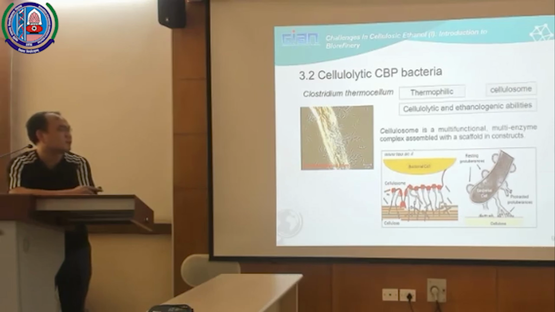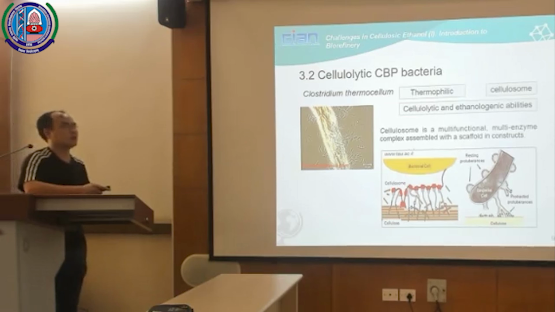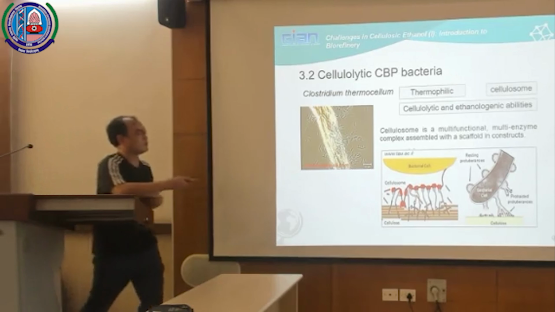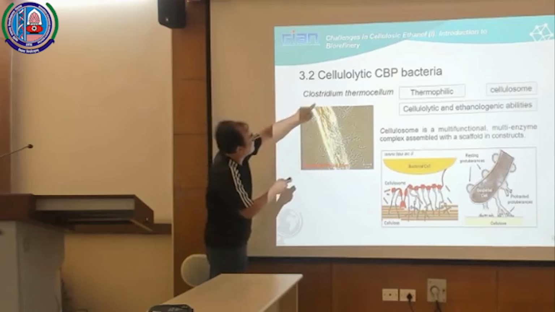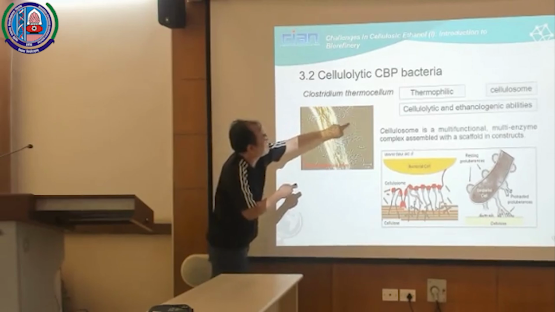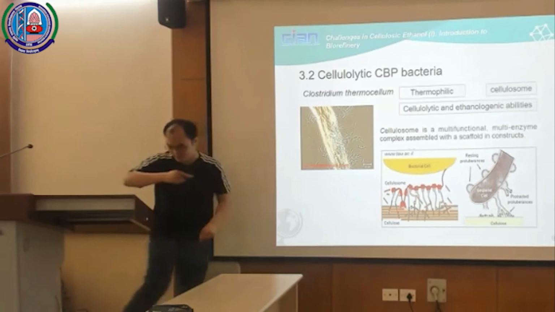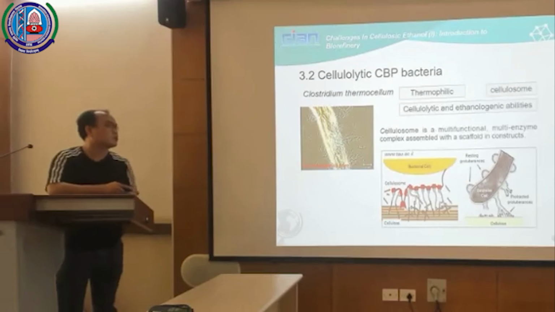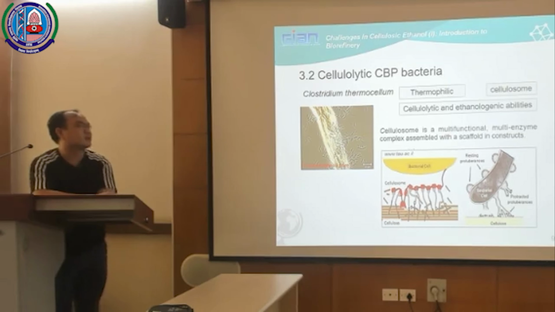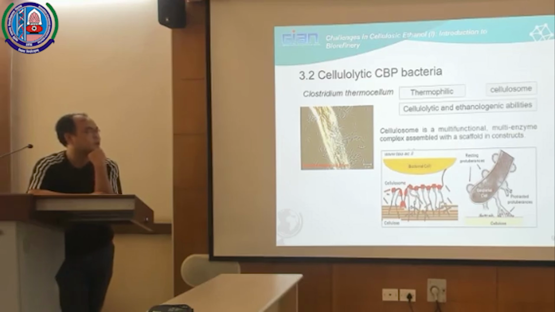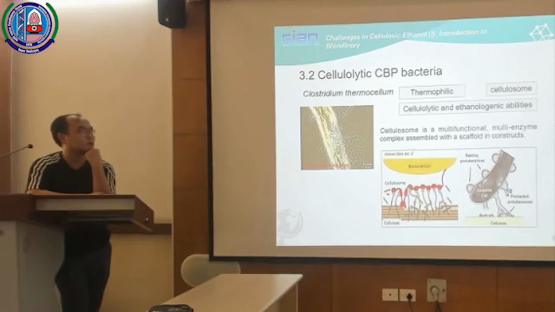This is a microscopic picture of the digestion of cellulose. This is a cellulose fiber, and bacteria like this absorb on the fiber and produce some pores and holes on the surface. The cellulosome is a multifunctional, multi-enzyme complex assembled with a scaffold.